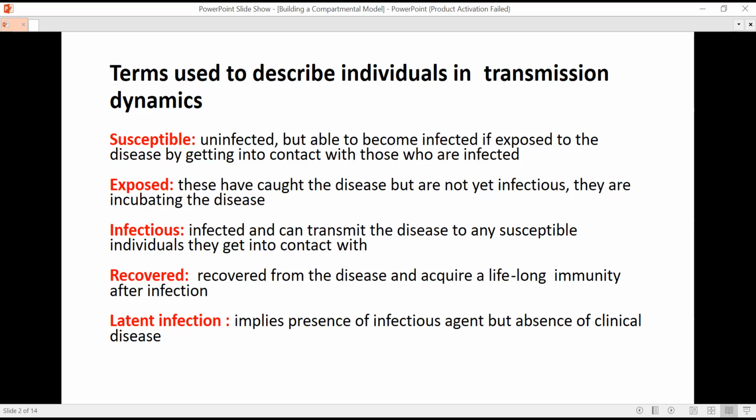So exposed, they have caught the disease but are not yet infectious. They're incubating the disease, so the incubation period. And for me, I don't have much exposure with regards to SEIR models, but I like the minimal exposure that I have. I like referring to this as seroconversion.